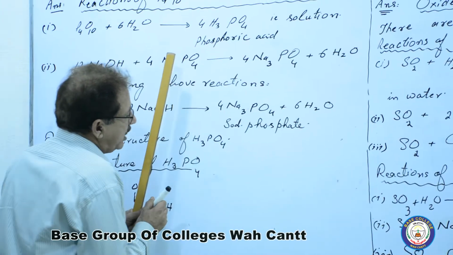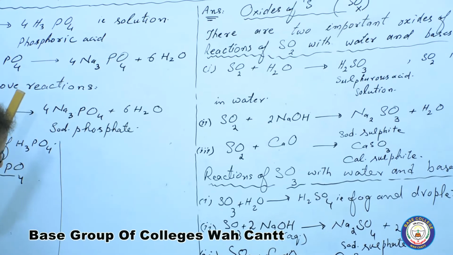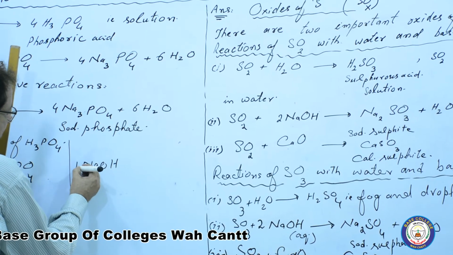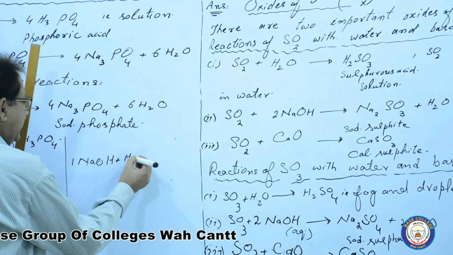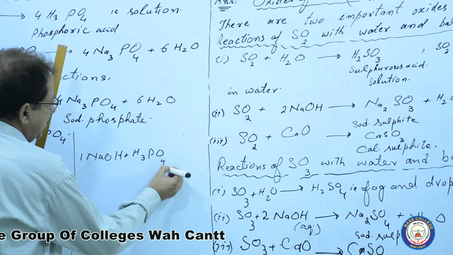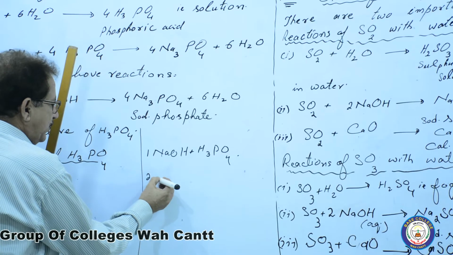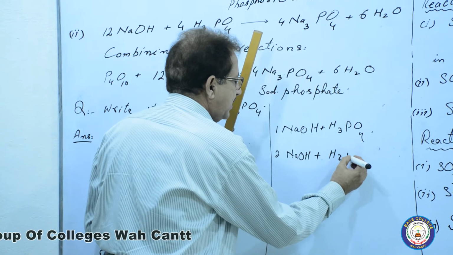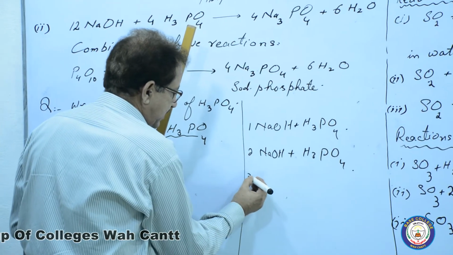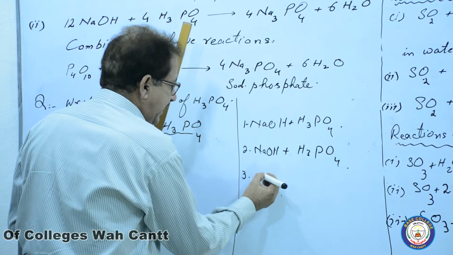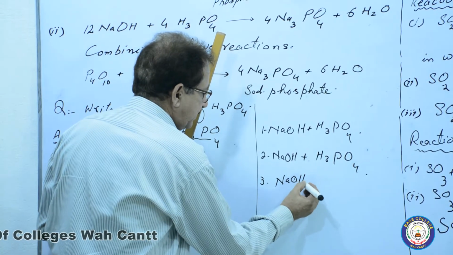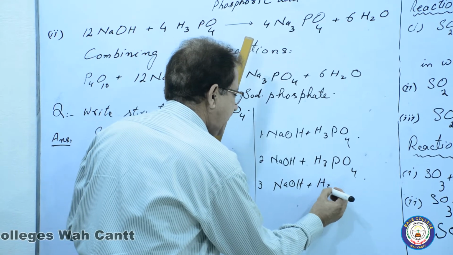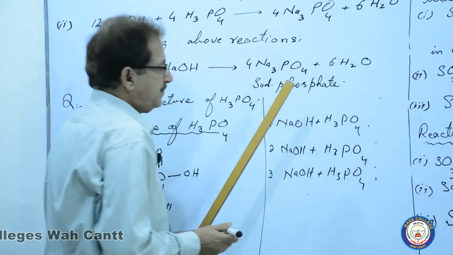Once again I want to tell you another way. 1 NaOH will react with H3PO4. Second, 2 NaOH will react with H3PO4. Number 3, 3 NaOH will react with H3PO4.